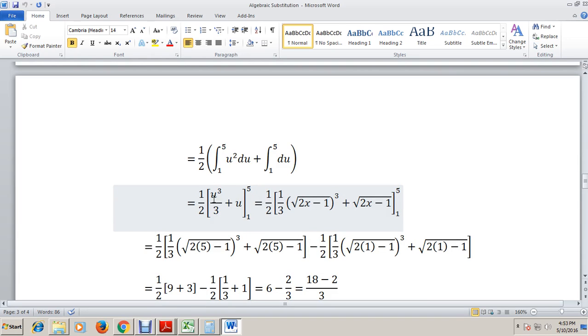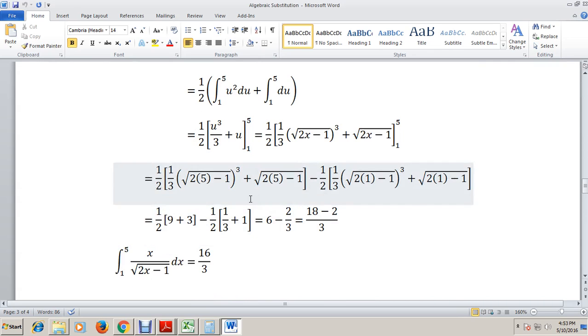So replacing u with the original representation, the square root of 2x minus 1, this becomes the square root of 2x minus 1 raised to 3, times 1/3, or divided by 3, plus the square root of 2x minus 1. At this point, we will be doing the substitution of the upper limit and the lower limit in our result. So the first term here is the substitution of the upper limit, which is 5, minus the substitution of the lower limit in the same expression.